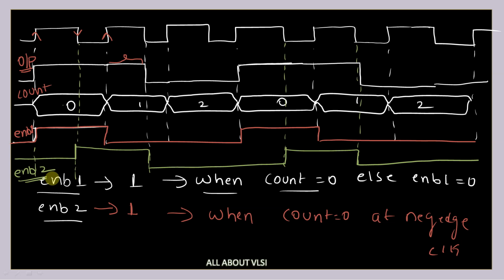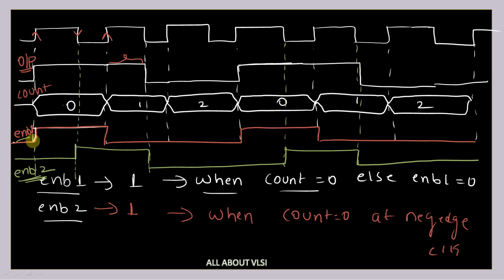Now, give me a minute. If I want to get my output, I can simply perform an OR operation of my enable 1 and enable 2. You will get your output like this.